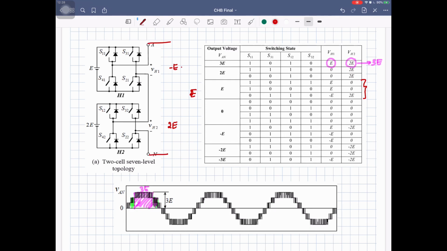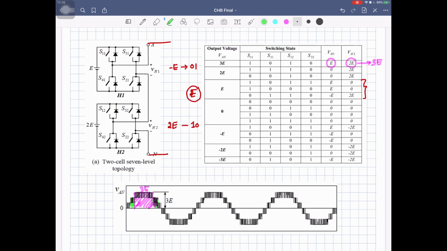So for minus E I will have to use switching code 01, and for 2E I will have to use switching code 10. So by applying these switching codes I will get E volt at the output.